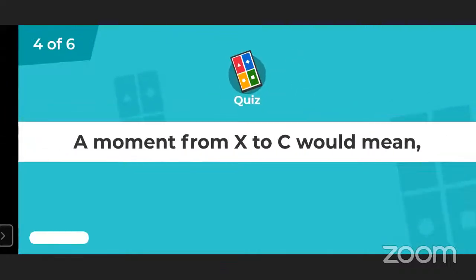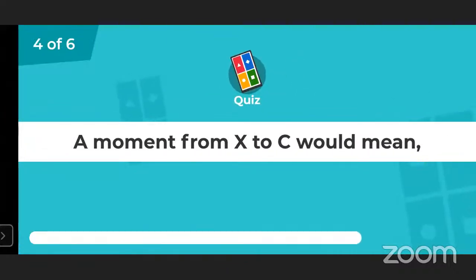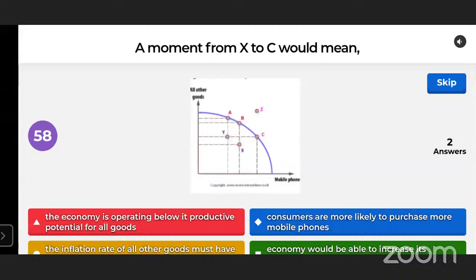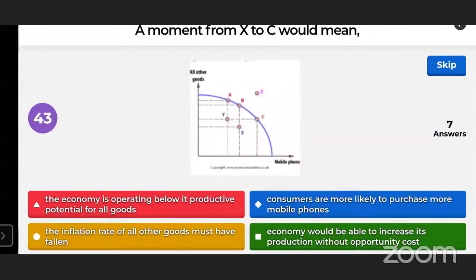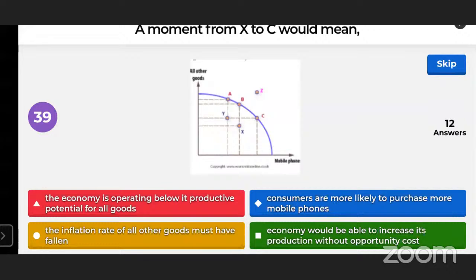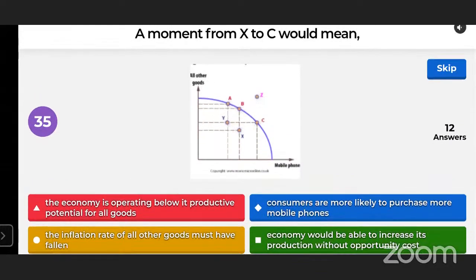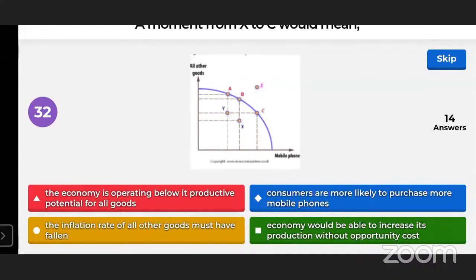Right, next question. What's the answer? A movement from X to C would mean X to C, yeah, X to C. Now you can read the question clearly, the answers clearly.